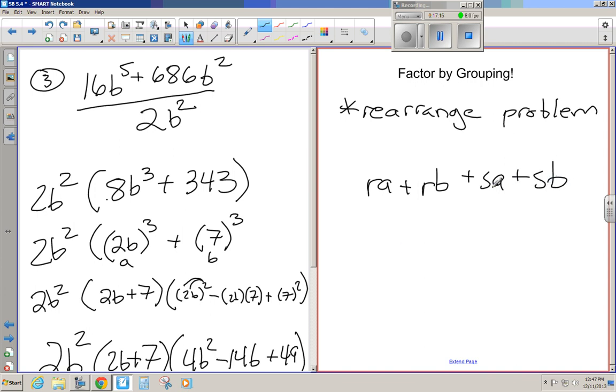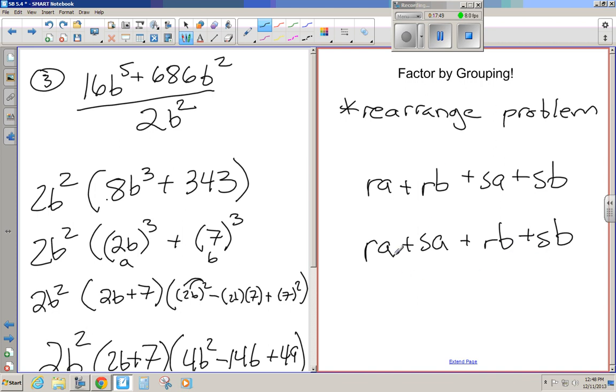Okay? So you're going to rearrange this. These are all terms. You know, this could be an x squared, it could be whatever. But you're going to rearrange it so that ra and sa are together. And you can rearrange it so then that rb and sb are together.